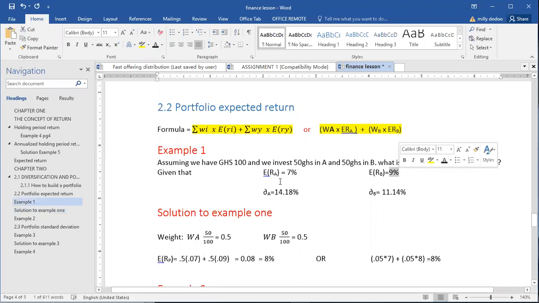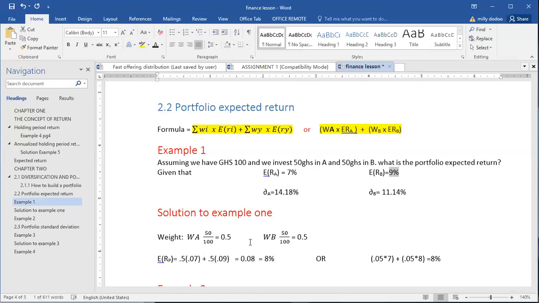It is going to be between the 7 and the 9%, meaning that you are going to get an answer higher than the lowest expected return, but lower than the highest expected return.